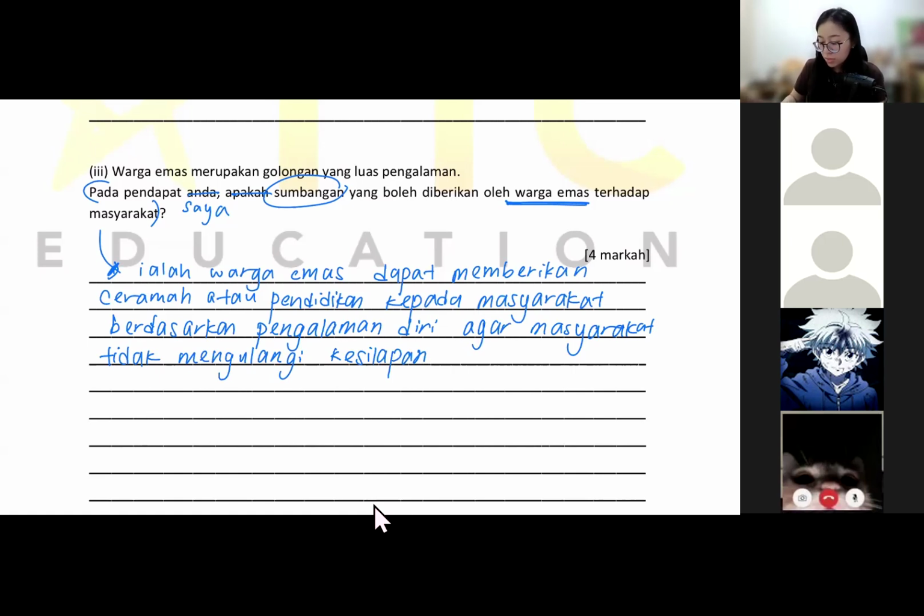Or you can say mengulangi kesilapan dan enough lah, don't need too wrong. If you want to add on, which is dan tidak terjerumus dalam perkara yang buruk also can. Okay, other than this, what else?